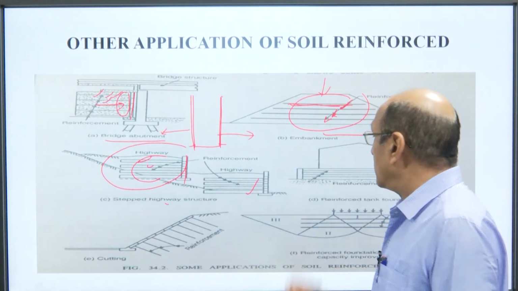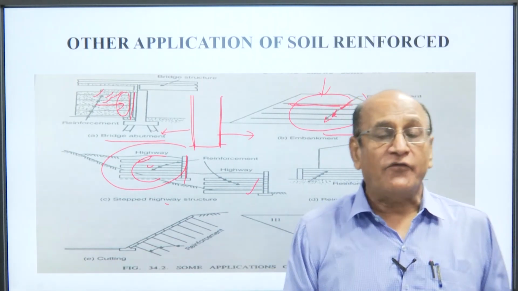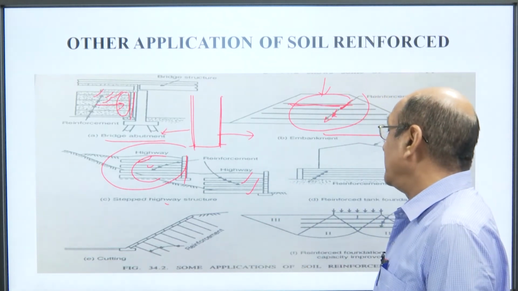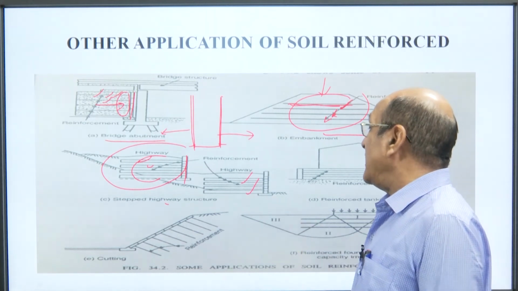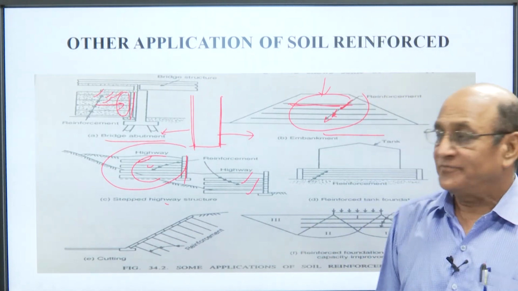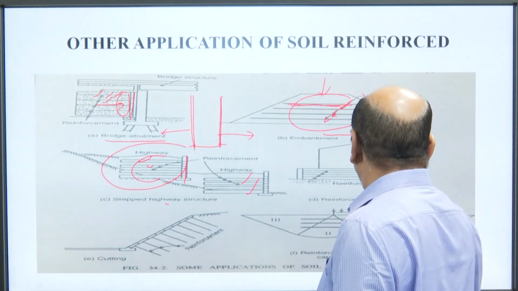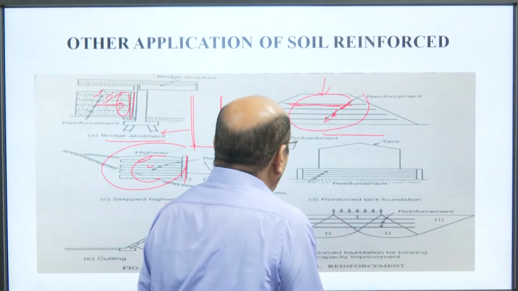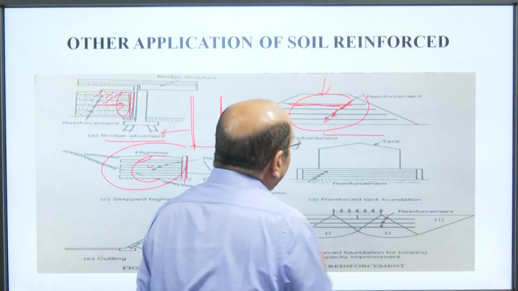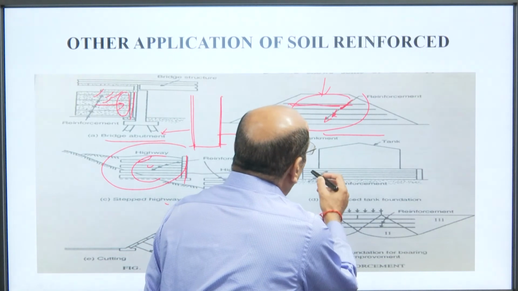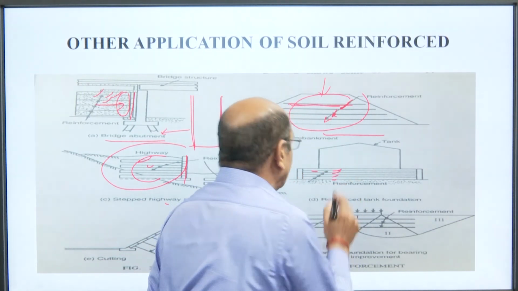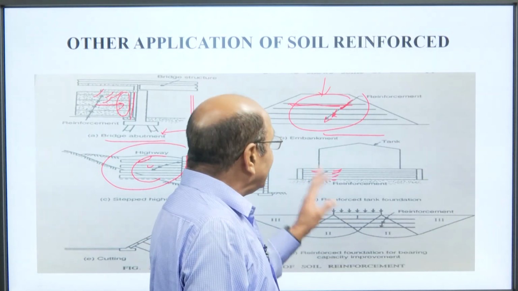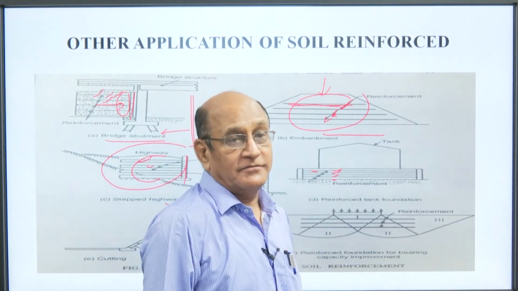Here also, where there is a lack of land, we can use these reinforcing elements, or you can say reinforcing earth. Now, this is a tank we can see here, and in the tank the reinforcing steel has been provided like this. So, the stress developed here has been transferred.